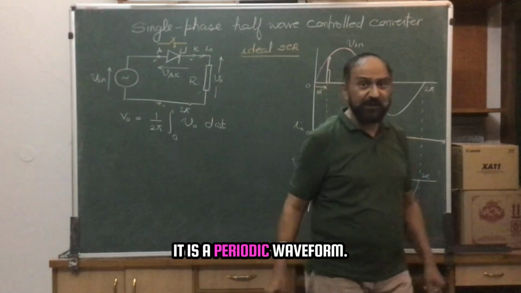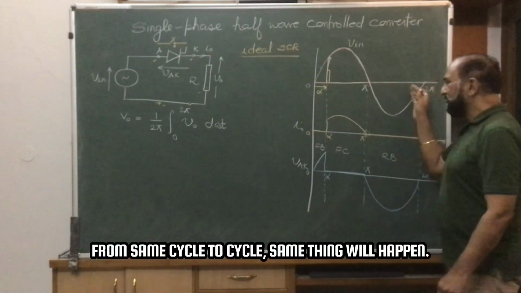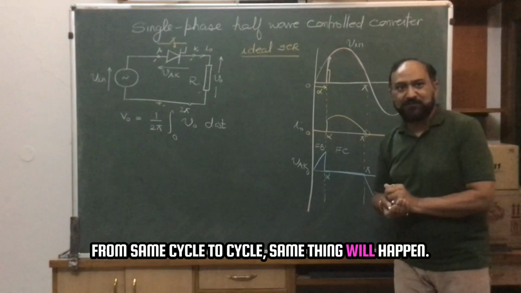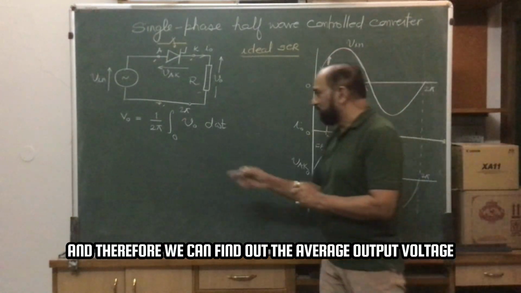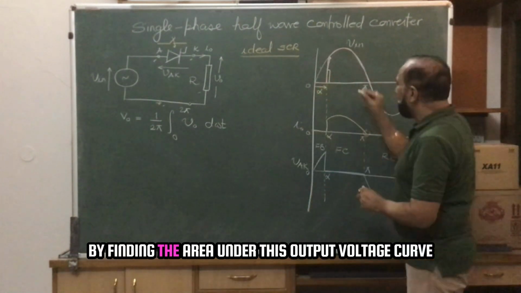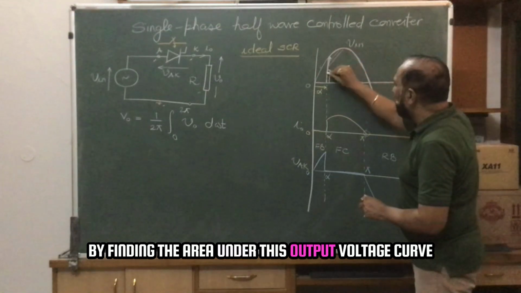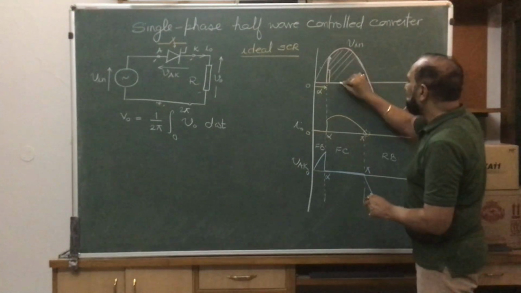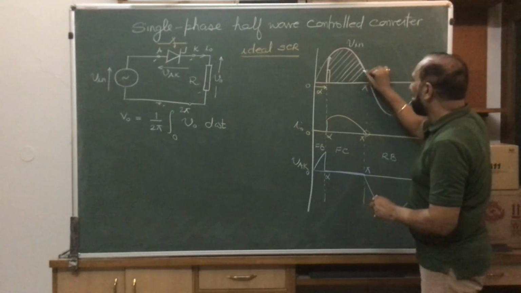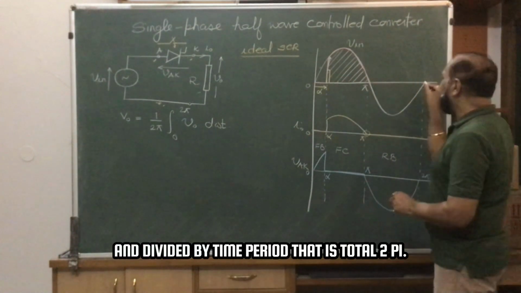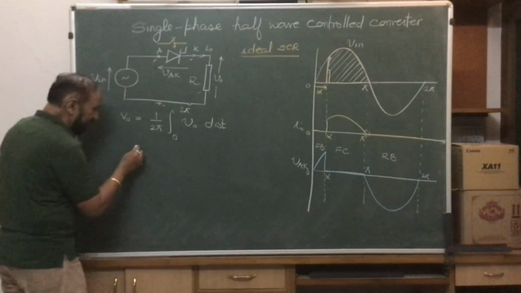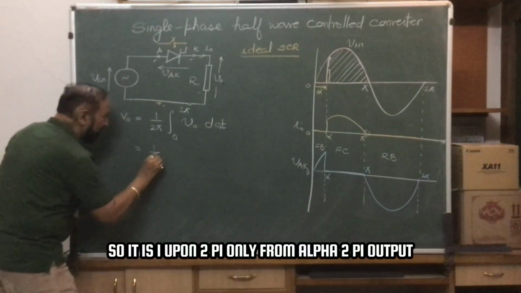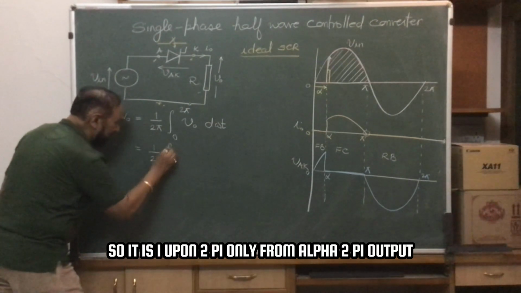It is a periodic waveform. From cycle to cycle, the same thing will happen, and therefore we can find out the average output voltage by finding the area under this output voltage curve and dividing by the time period, that is total 2 pi. So it is 1 upon 2 pi.